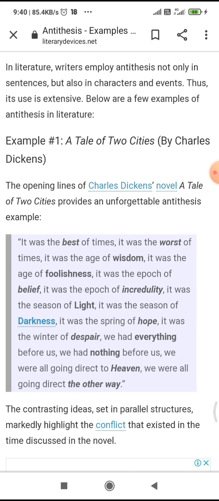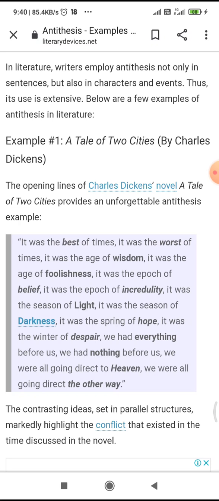The opening lines of Charles Dickens' novel A Tale of Two Cities provide an unforgettable antithesis example. The lines are: it was the best of times, it was the worst of times, it was the age of wisdom, it was the age of foolishness.